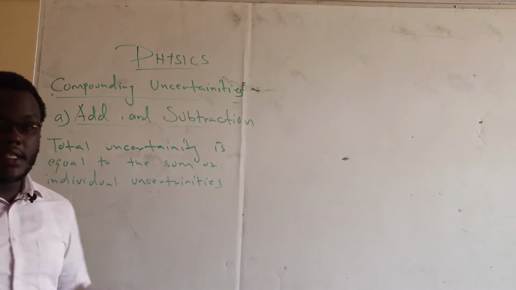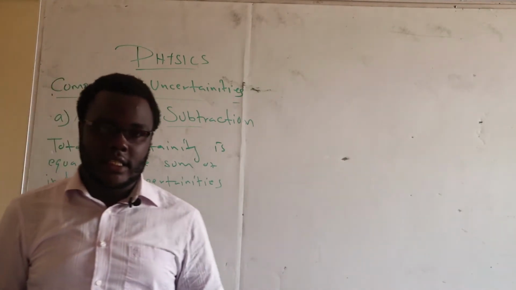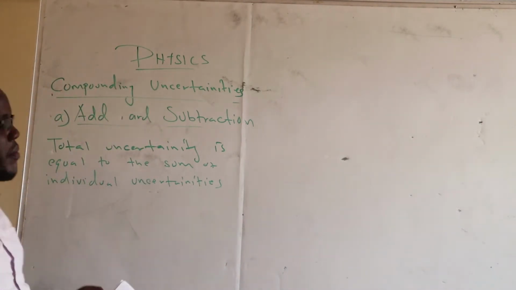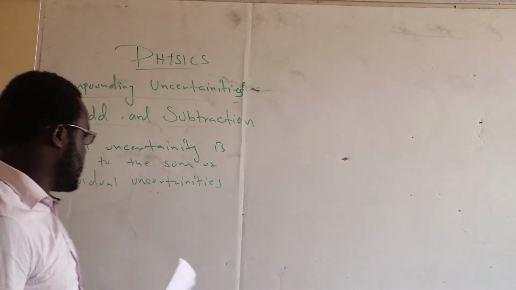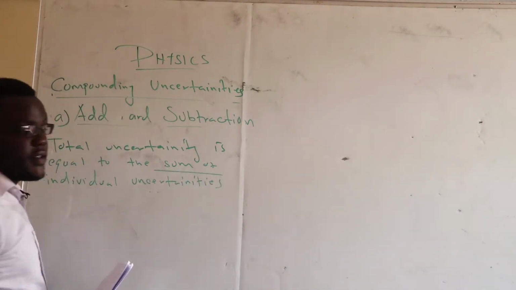So in both cases, we usually have them as being added, the sum. The total uncertainty is equal to the sum of individual uncertainties.